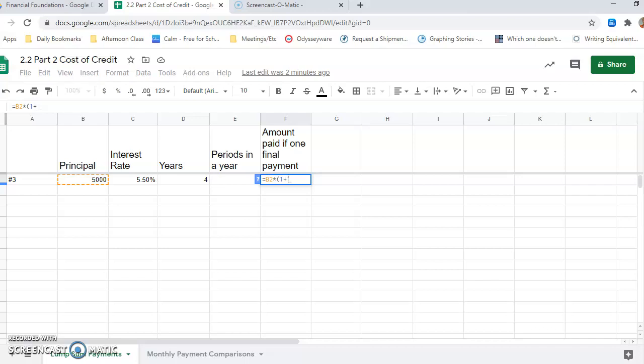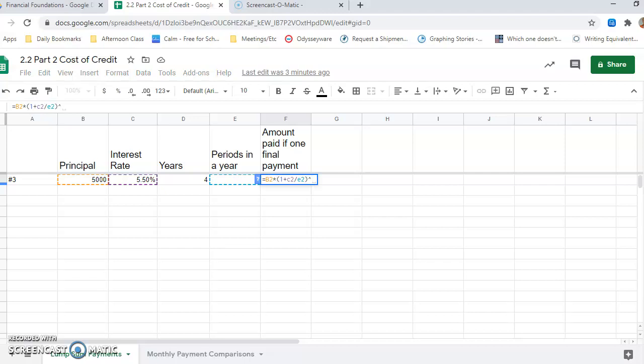So we're going to take C2, divide it by E2, which is down under the question mark without the shift, because that's where the number of periods in a year lives. Close up my parentheses. Then remember that had an exponent on the outside.